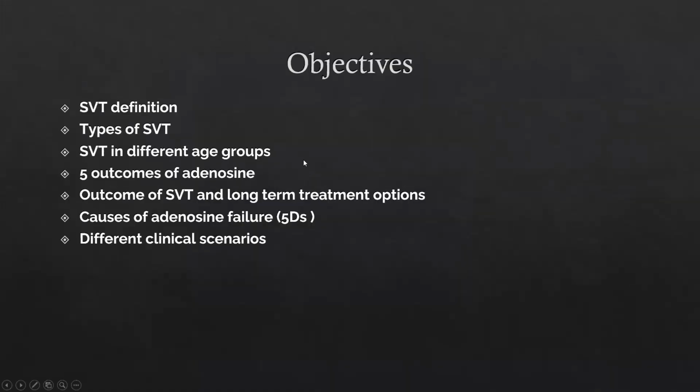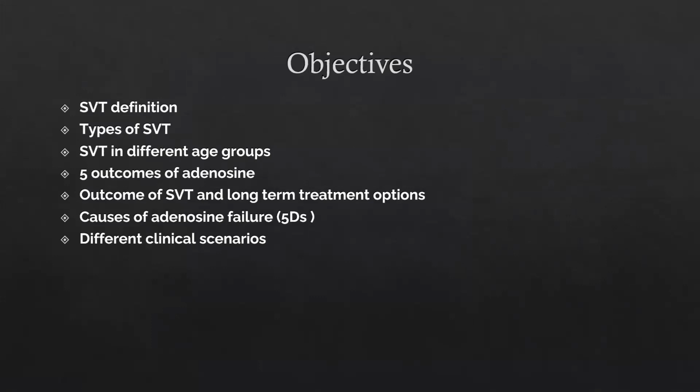The objective of my talk today is to define SVT, as the definition is not clear for everyone, and to remind all of us of boring electrophysiology that might help us understand how to go through this.